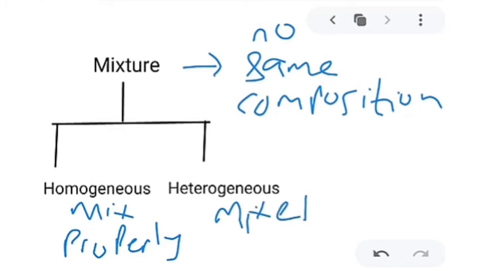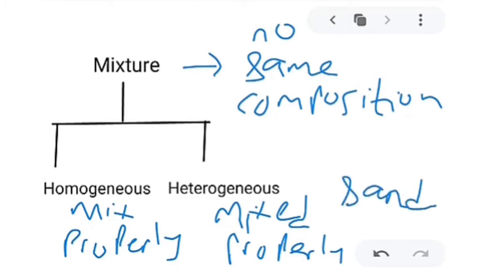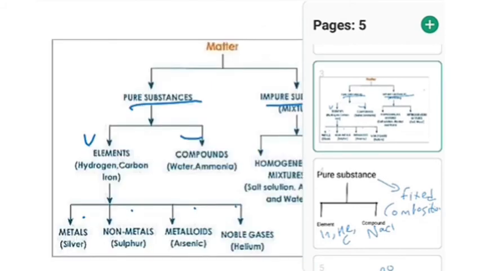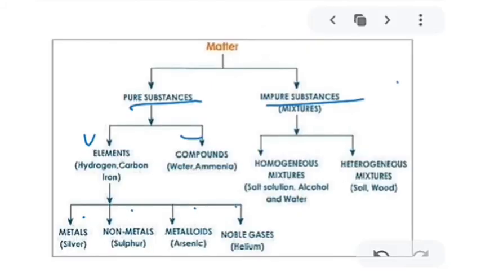If it is not mixed properly, it is heterogeneous. For example, a heterogeneous mixture is sand. The particles of sand are not mixed properly. For a homogeneous mixture, I can say salt and water. These are homogeneous mixtures.